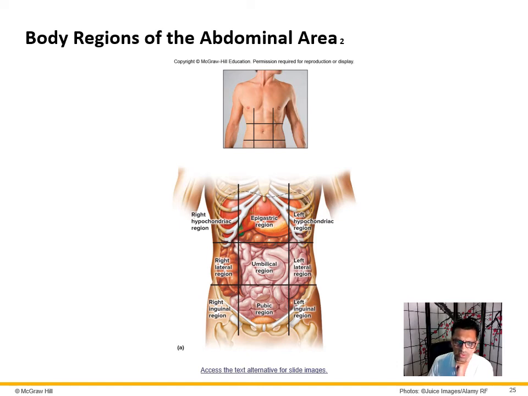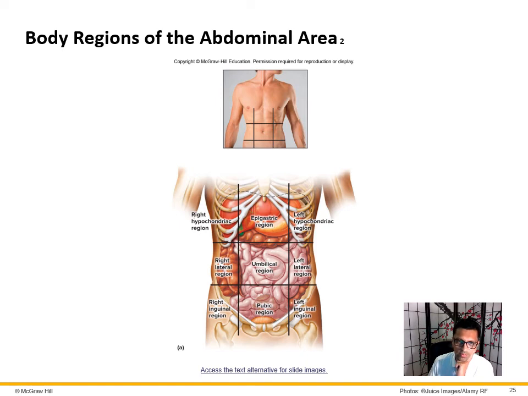The umbilical region mostly has your small intestine. The left lateral region or left lumbar region has your small and large intestine. Your right lateral or lumbar region has the large intestine. And then if you look down in the pubic region, that's where your small intestine and your urinary bladder is. Your appendix is actually in the right inguinal region. And then in the left inguinal region, you have your sigmoid colon.